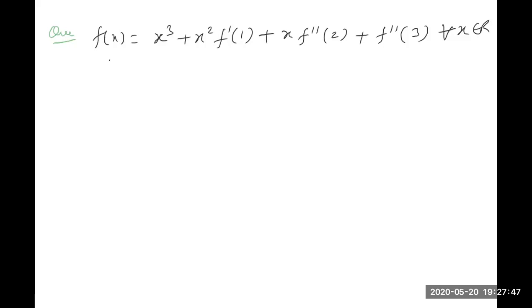Now there will be so many different questions. First question is find f(x). Second question is find the value of f'(1) + f''(2) + f'''(3). How much is this? Sorry, this is f'''(3). In the question it is f'''(3).